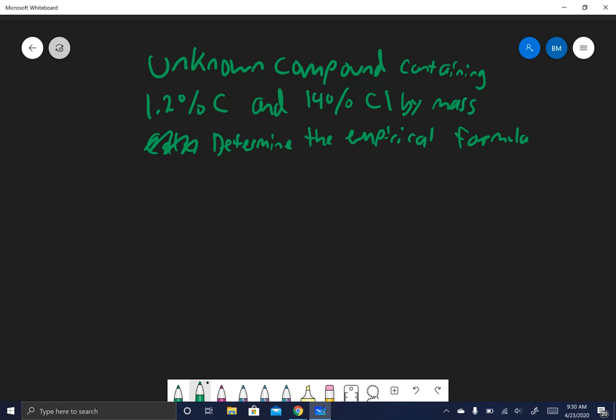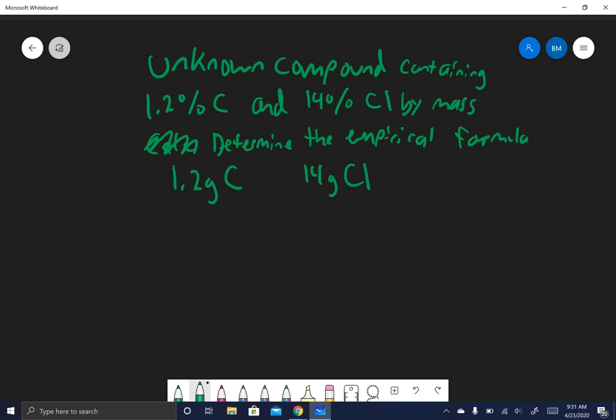All you do is you say, all right, well, if this is 1.2% and this is 14%, because we can assume we have, let's say, 100 grams of this stuff, we can actually just turn the 1.2 into grams and the 14 into grams. So in Regents Chem, basically, I just say, all right, take the percents, turn it to grams. So you have 1.2 grams of carbon and 14 grams of Cl.